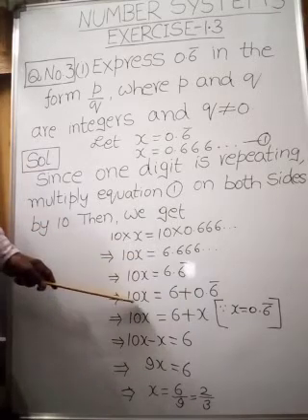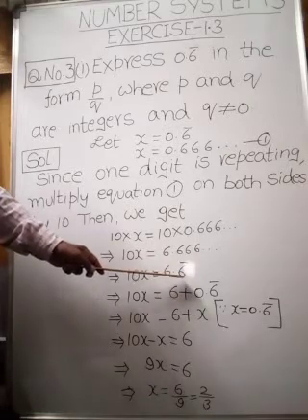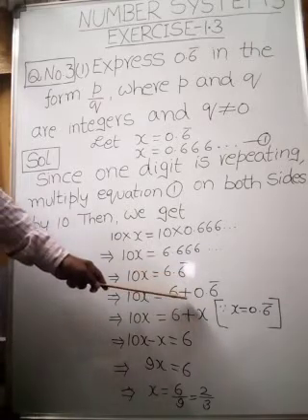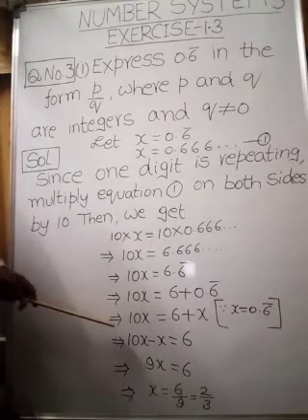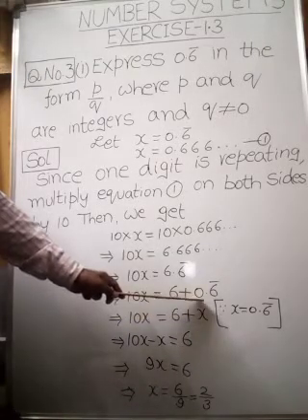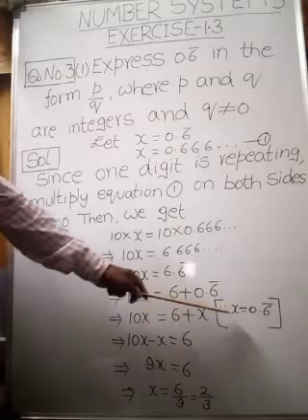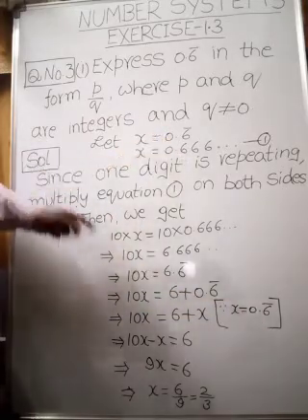This implies 10x is equal to, we can split this 6.6 bar as 6 plus 0.6 bar. Isn't it, my dear children? This implies 10x is equal to 6 plus x. This value is nothing but x, because x is equal to 0.6 bar, as we assumed at the beginning of this question.